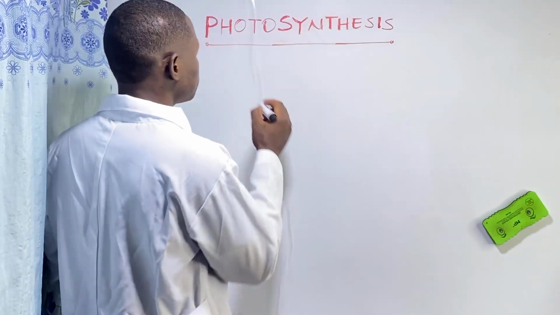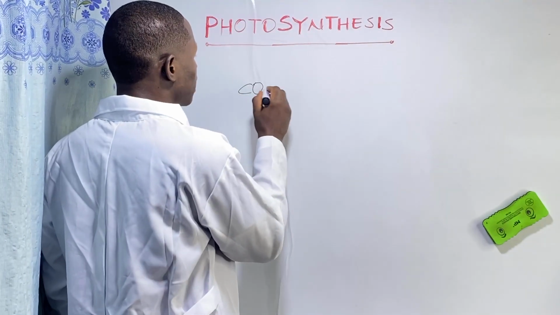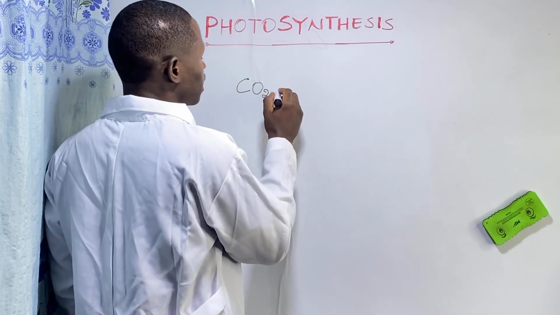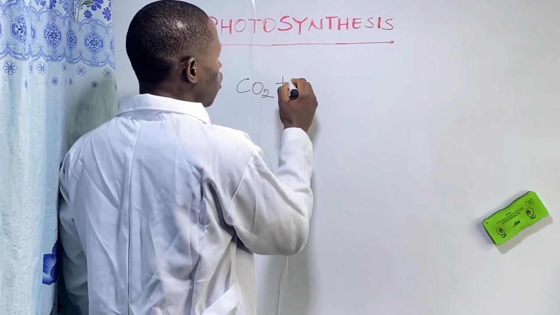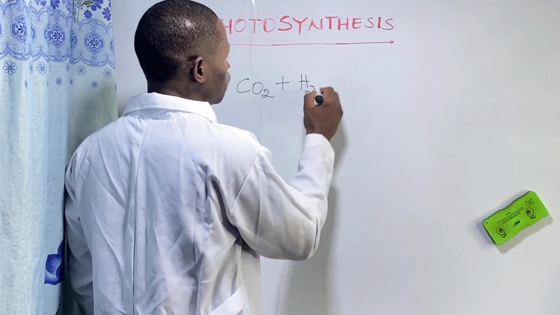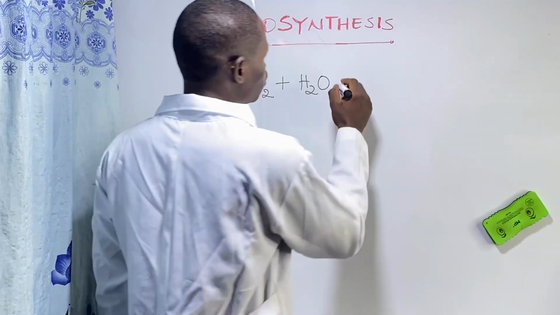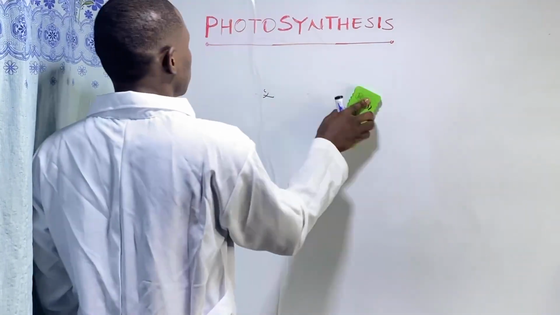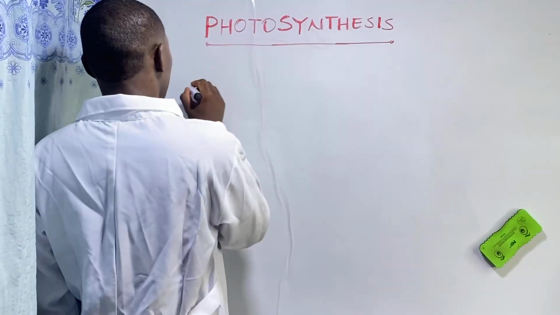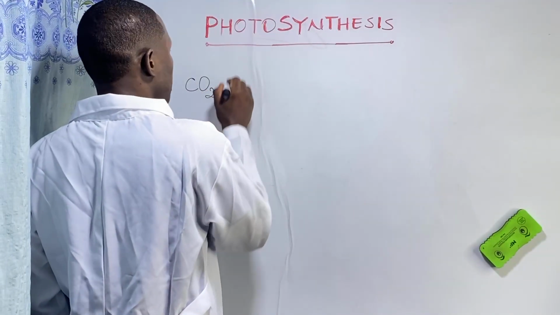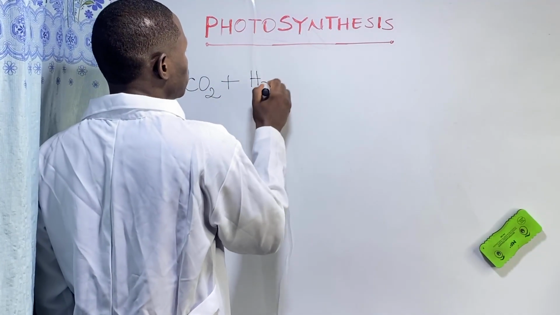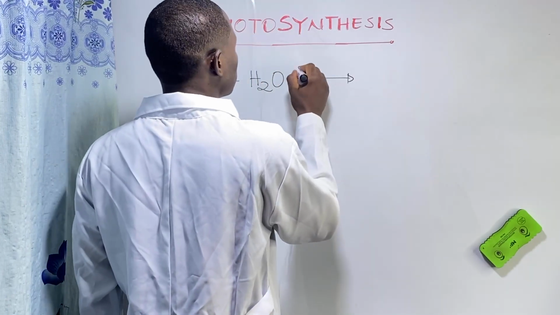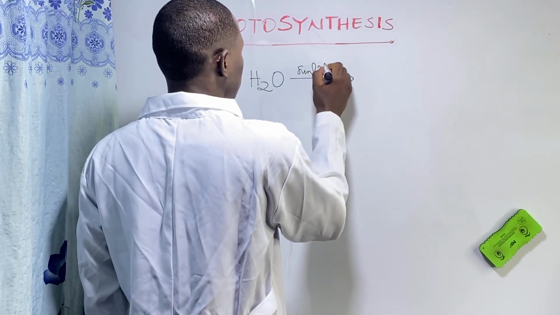So we have carbon dioxide from the atmosphere, right? Carbon dioxide from the atmosphere combines with water from the soil in the presence of sunlight, right?